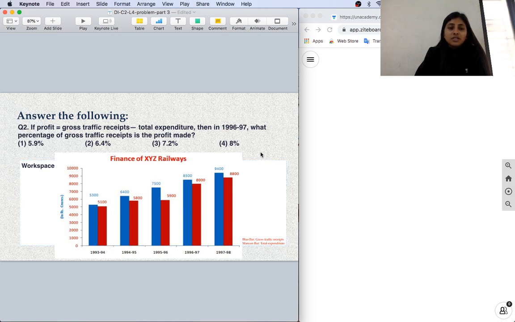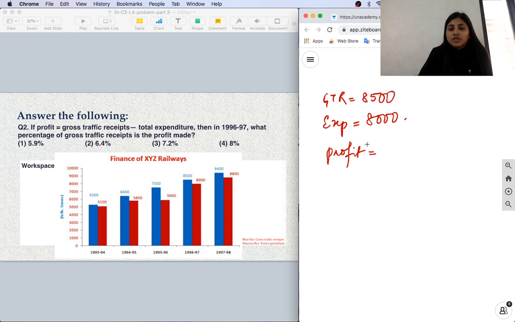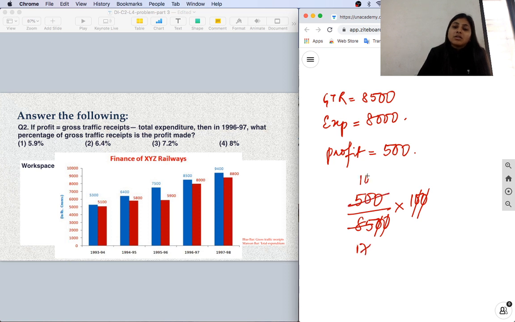If the profit is equal to gross traffic receipts minus total expenditure, in 1996-97 the value of gross traffic receipts is equal to 8,500 and expenditure is equal to 8,000. So profit is equal to gross traffic receipts minus expenditure, which will be 500. So what percentage of gross traffic receipts is the profit made? Profit divided by gross traffic receipts into 100, so 500 by 8,500 into 100.